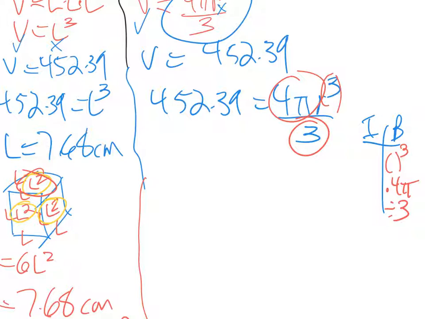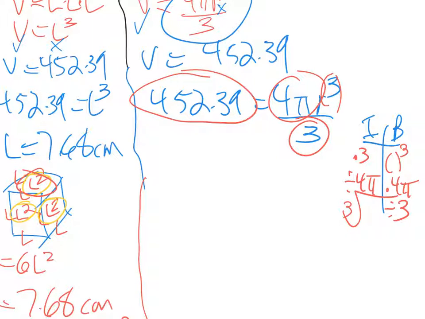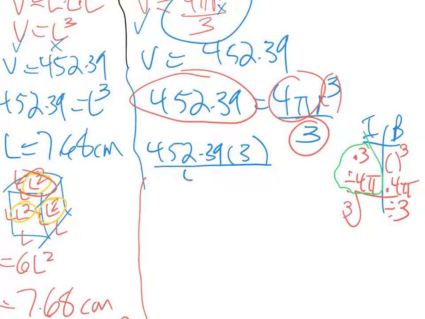So what's the inverse of that? Multiply by 3, divide by 4 pi, and take the cube root. Okay, opposite order, opposite operation for inverse. All of those things apply to 452.39. You can do the multiply and the divide in one step. So you'd have 452.39. I would multiply that by 3 and then divide that by 4 pi.